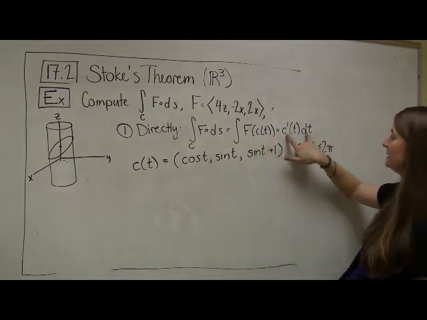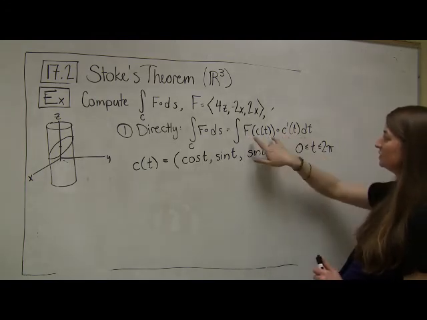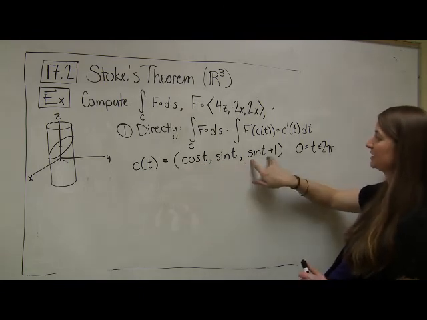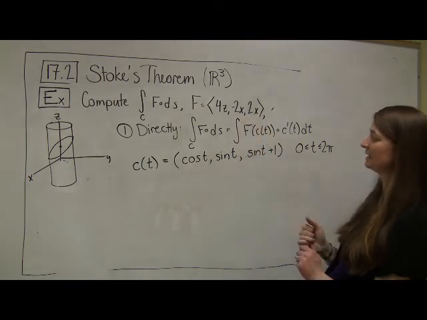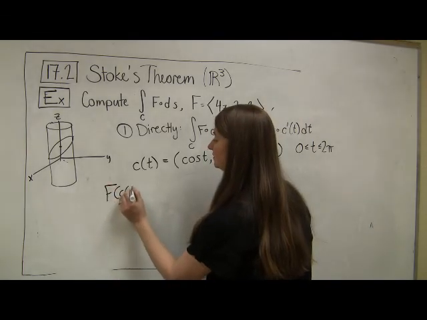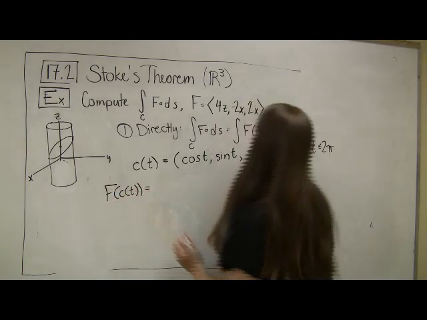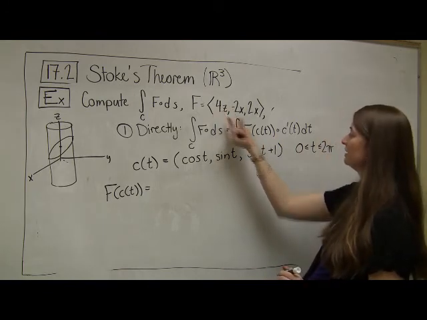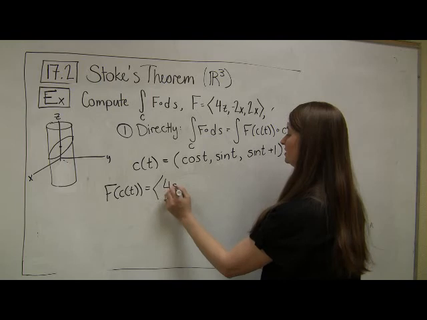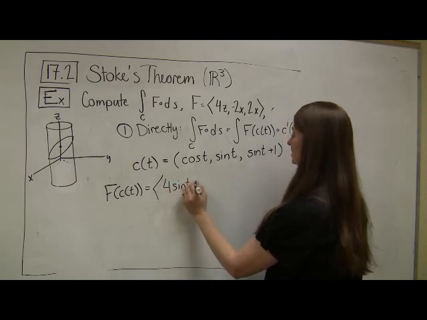So we have our path. Now we need each of the pieces. We need F of c of t, and we also need c prime of t. So what's F of c of t? I'm going to take each of these components as my x, y, and z coordinates and plug them into my F function. So in this case, F of c of t is going to be equal to 4 times z, which in this case is 4 sine of t plus 4.